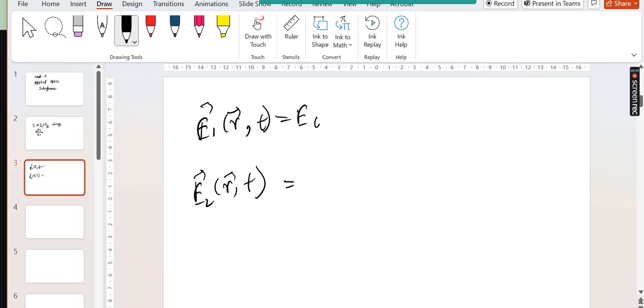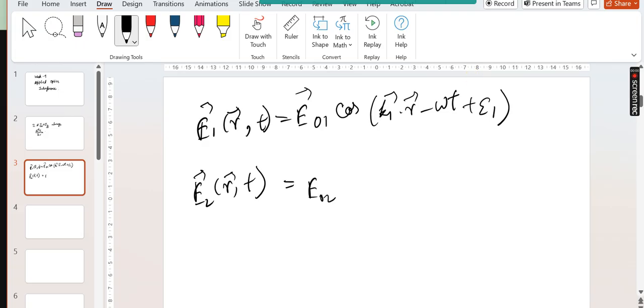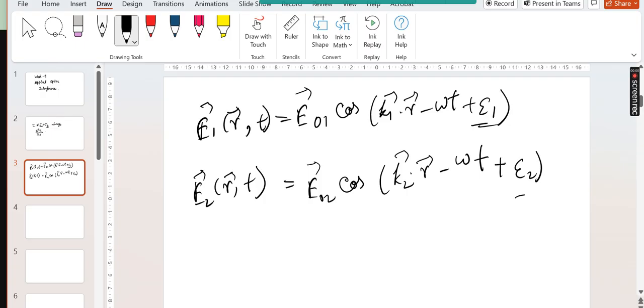So E1 is E01 cos(k1 dot r minus omega t plus epsilon 1), and E2 is E02 cos(k2 dot r minus omega t plus epsilon 2). Epsilon 1 and 2 are the initial phases, and k is the propagation vector.